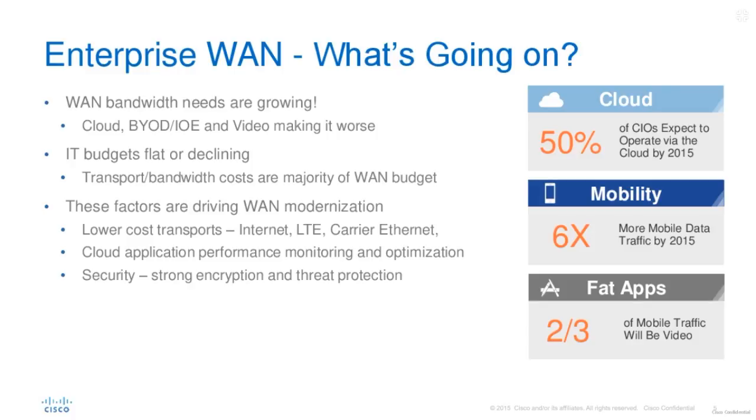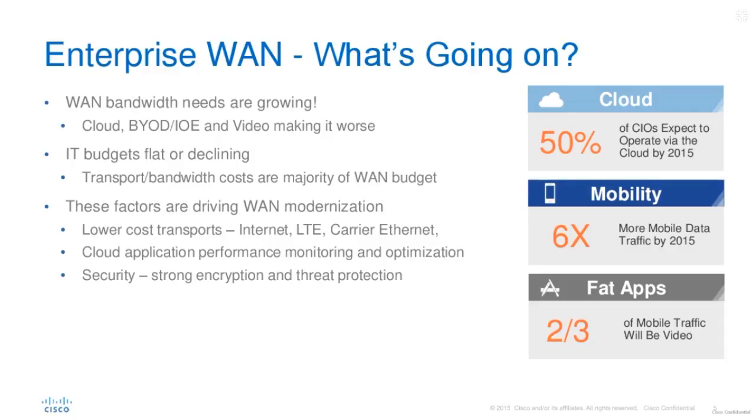In the enterprise WAN space, there's a couple of trends that we've been seeing. First of all, the need for bandwidth in those locations has been growing for quite some time. That's due to applications being deployed out in the cloud, things like Office 365, Cisco WebEx, Salesforce.com, accessing things in Amazon Web Services.